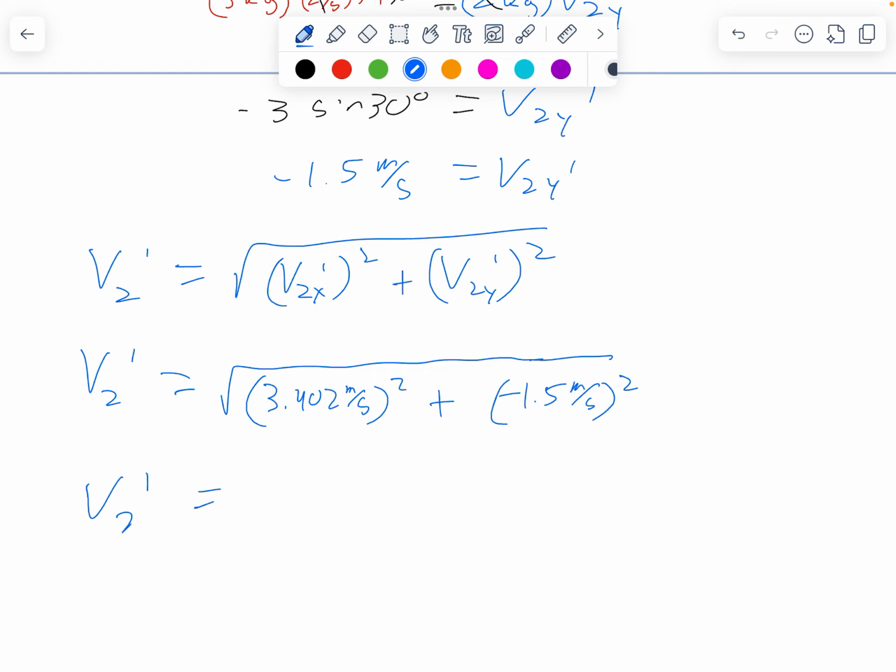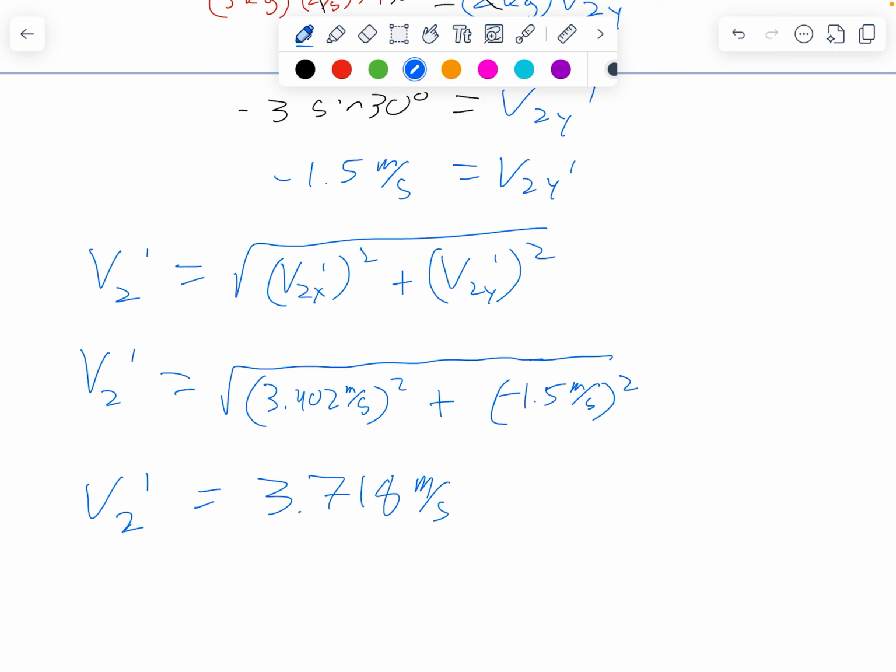So v2 prime is equal to the square root of that. Okay, and I did calculate this one before, so I'll spare you plugging the numbers into my calculator. You get 3.718 meters per second. That's the speed part, okay, of v2 prime.